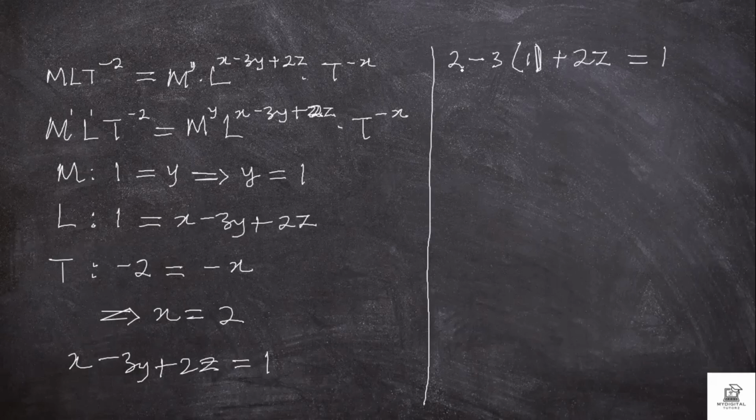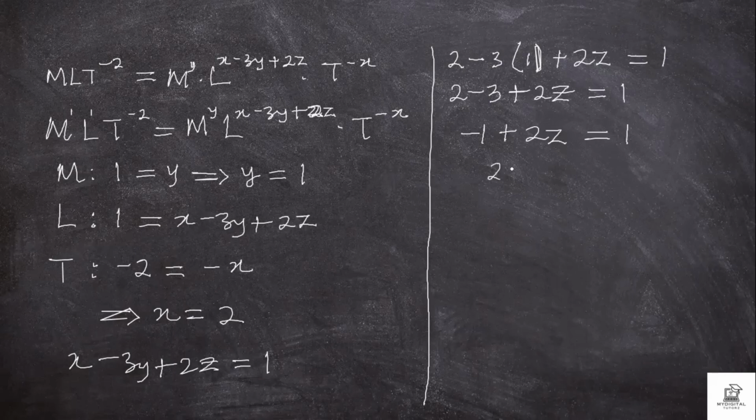That implies I have 2 minus 3 times 1, or minus 3 times 1 is minus 3, plus 2z is equal to 1. So now I have minus 1 plus 2z is equal to 1, right?